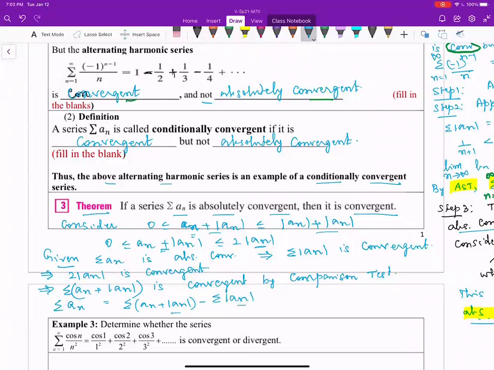Each one of these terms is convergent. This is a convergent series, and this is also a convergent one. Therefore, it is the difference of two convergent series and therefore convergent. So if a series sigma a_n is absolutely convergent, then it is automatically convergent.